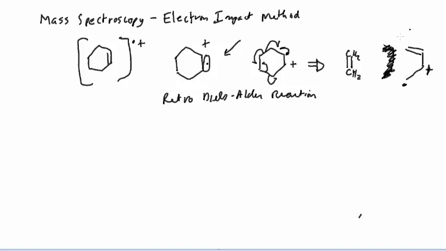And here is the radical cation shown here. There are resonance structures that you could draw to show the delocalization of the pi electrons and the positive charge. All right.